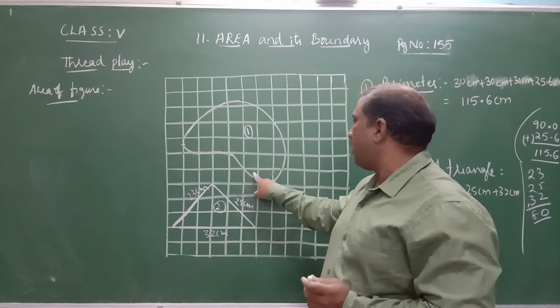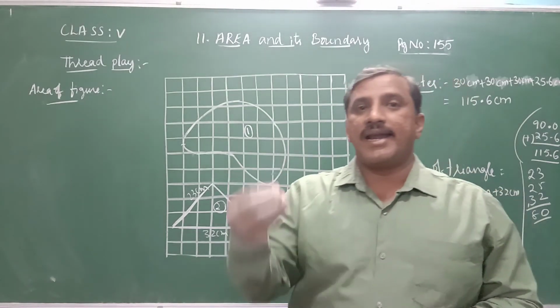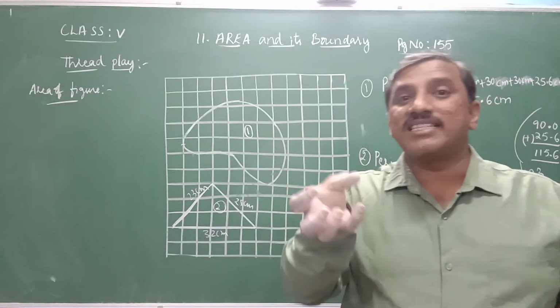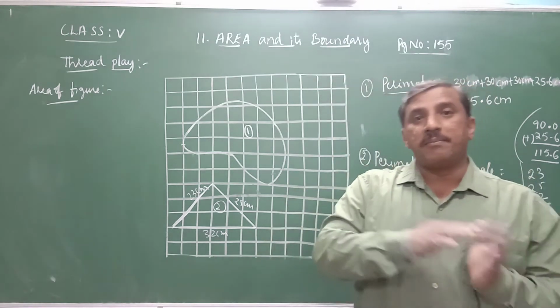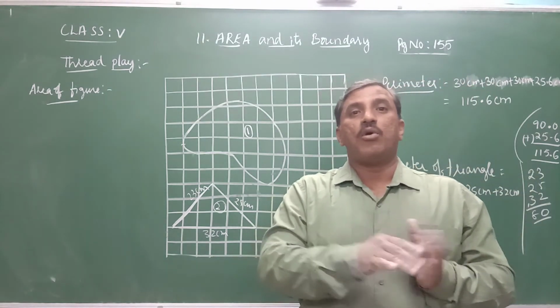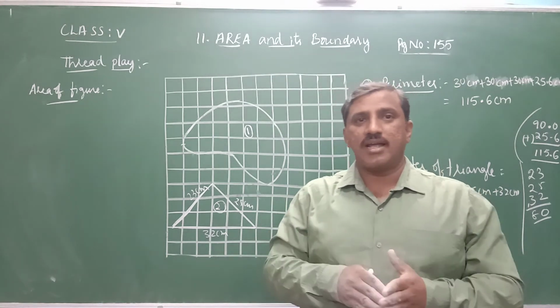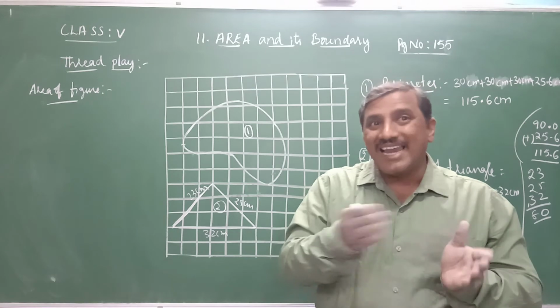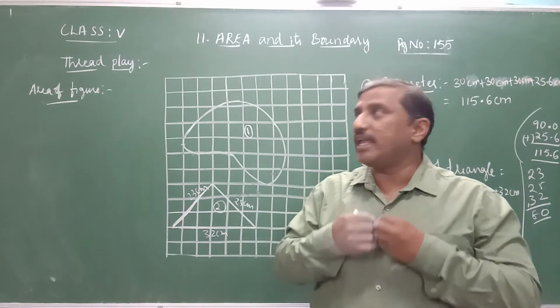You see, this is half covered, or here you can take this is half covered. And there are some squares where less than half is covered. So here 4 types of squares are there: completely covered, more than half filled, half filled, and less than half filled. Less than half filled you ignore.